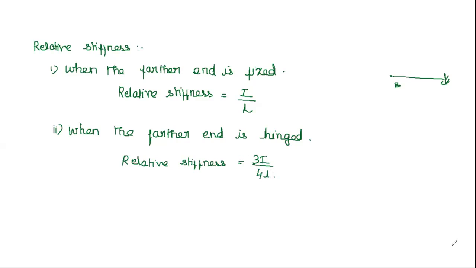So consider the same frame. Fixed at end A, hinged at end B, and roller at support C, and free at end D. So what is the stiffness of OA?